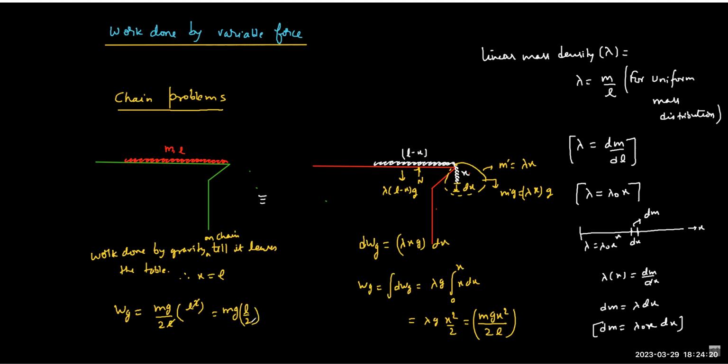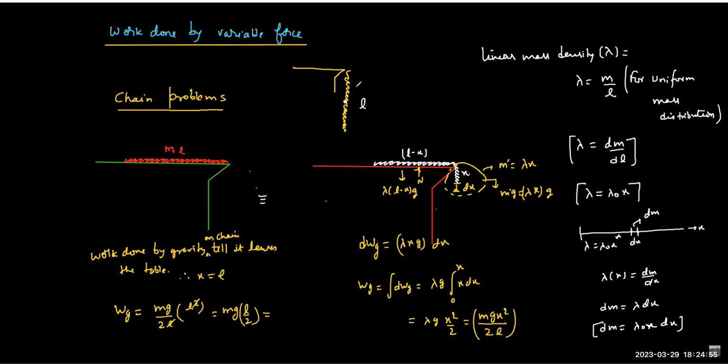And later on, you can also remember that this is nothing but how much the center of mass of the chain has gone down. When the entire chain is hanging from the table, you can clearly see where the center of mass of the chain is.